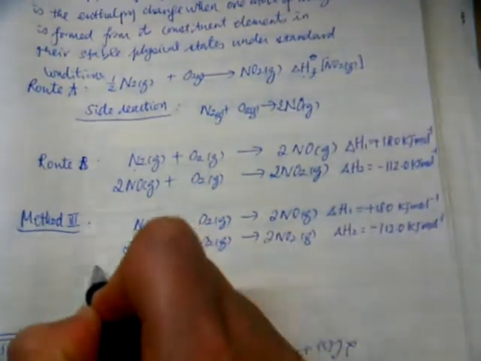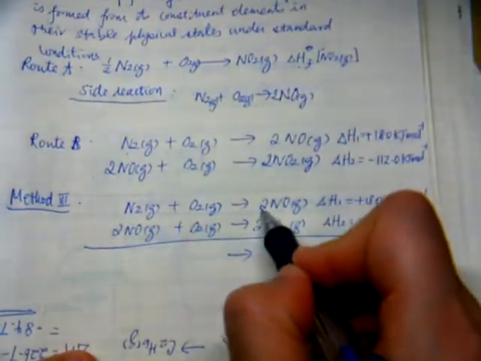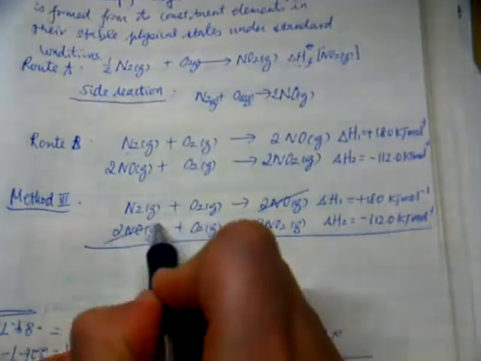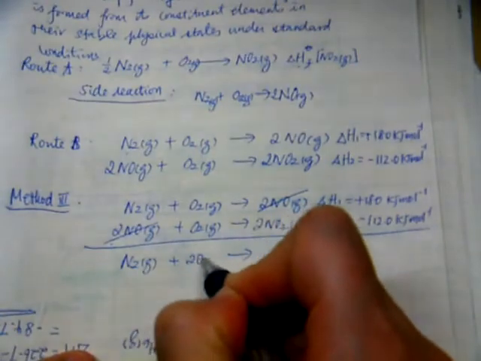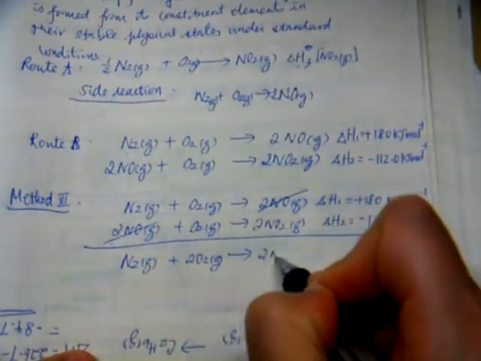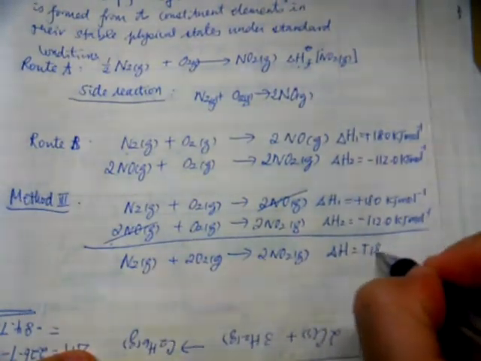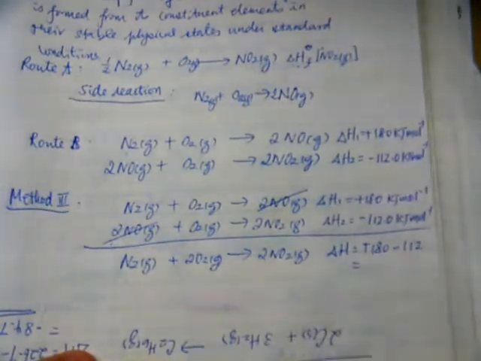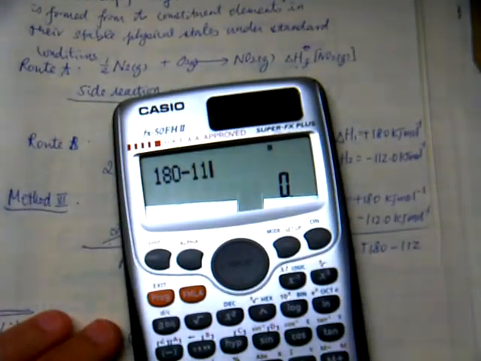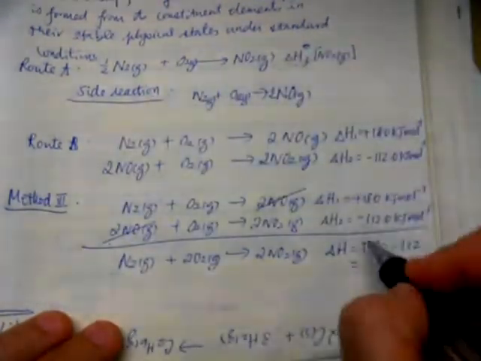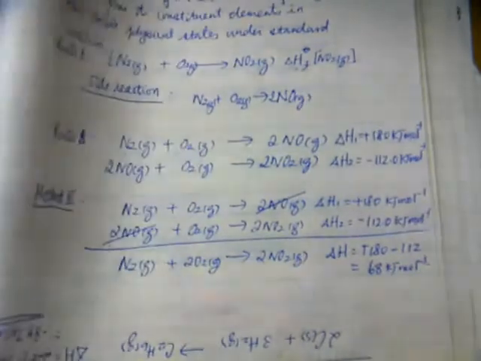Sum them up. Can you see that? 2 NO on the product side, 2 NO on the reactant side. Cancel them out. N2 plus 2O2 is equal to 2NO2, and delta H is simply the sum, 180 minus 112, which is 68 kilojoule per mole. Understand?